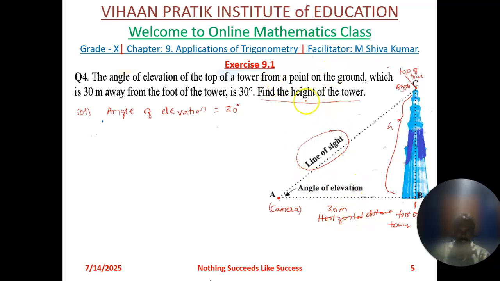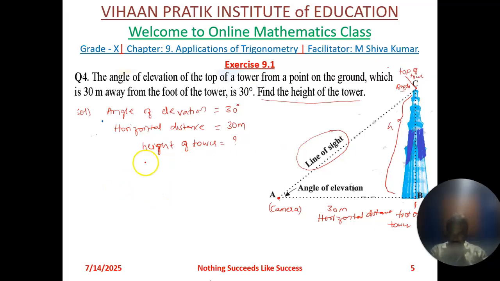The horizontal distance is the distance between the camera and the foot of the tower, so horizontal distance is equal to 30 meters. Now we need to find out the height of the tower.